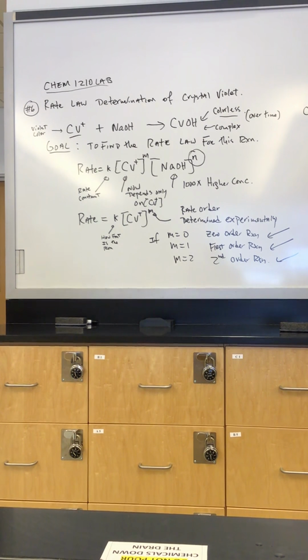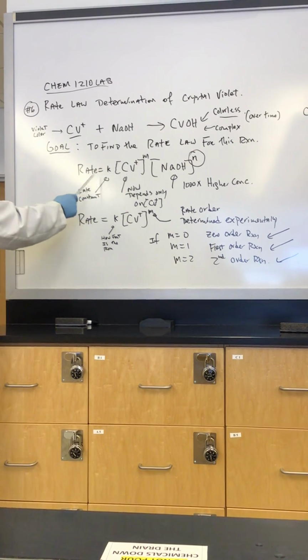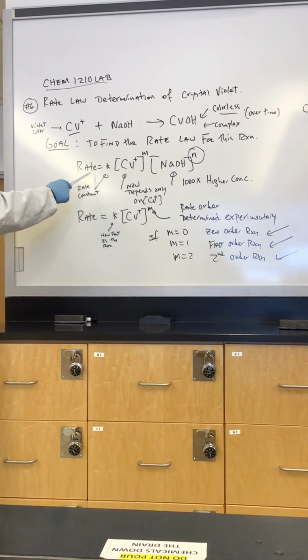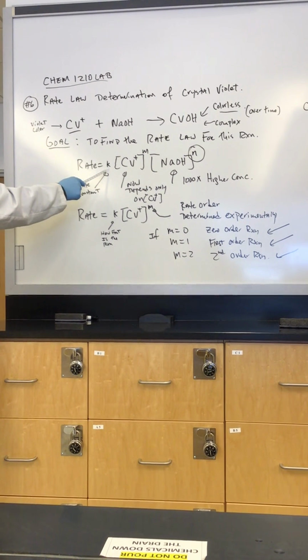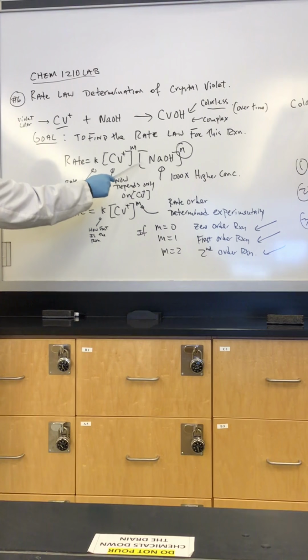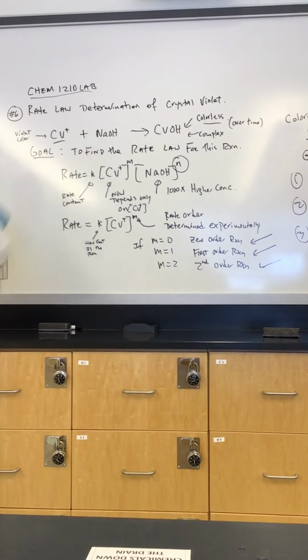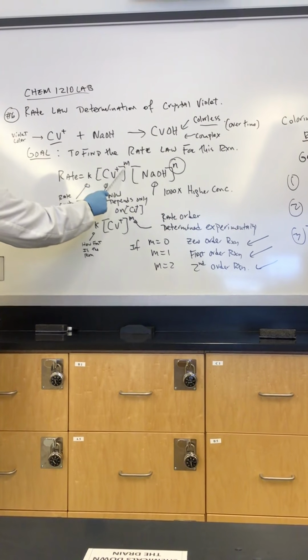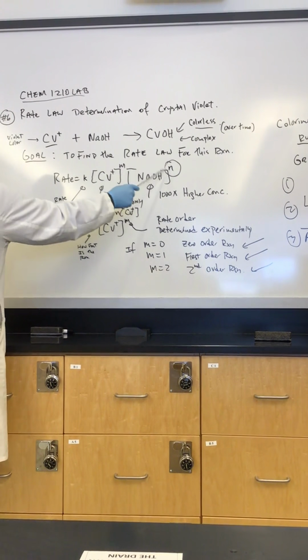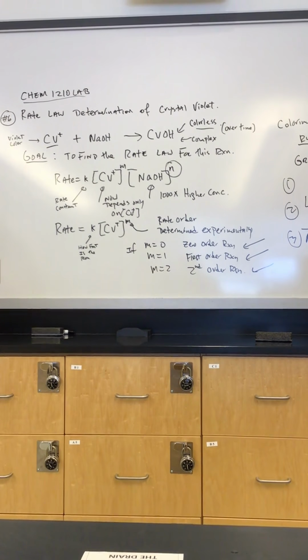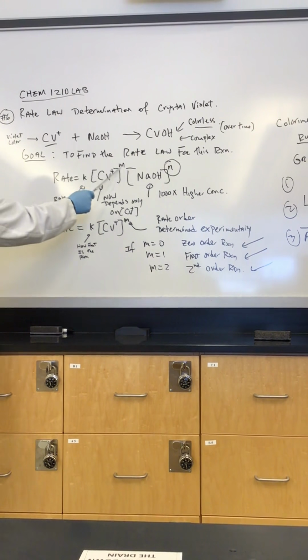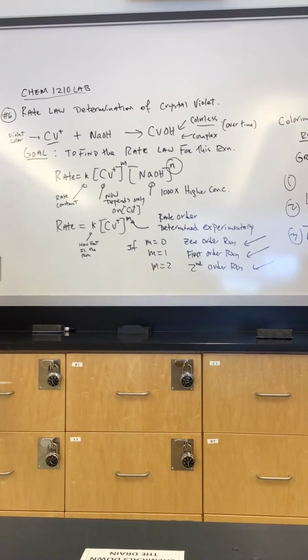If you recall from a lecture in chemistry, the rate law can be written as a rate constant times the concentration of the reactants raised to some exponent power, which we don't know, M and N, and can only be determined experimentally.